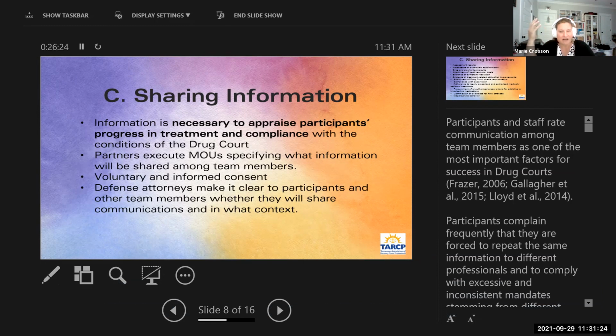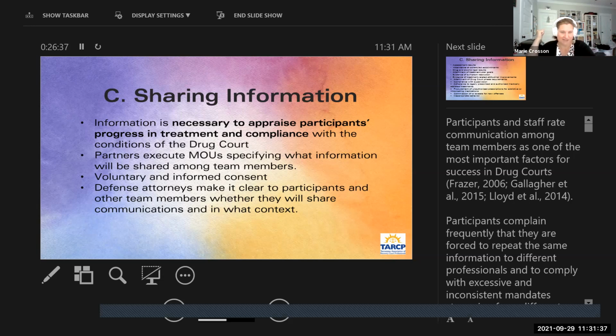Supervision has an idea of their expectations and the kind of information they'd like to know to supervise their participant. Not everybody has the same idea, and it's not like everybody's throwing out their idea when they walk in the door either. So it's really important to have those MOUs in place so people are really clear about what they're supposed to be doing.